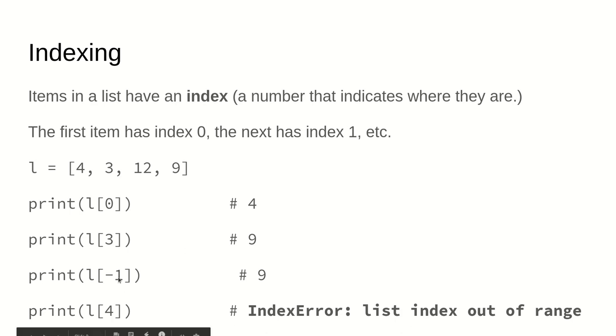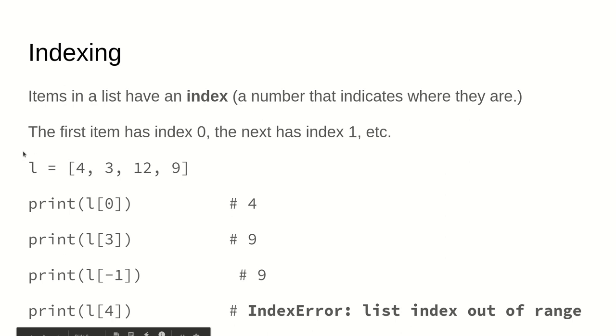If you try to get something at an index that is not valid for your list, for example, here the valid indices are 0, 1, 2, and 3. There is nothing at index 4 right now. And so if I tried to get the item at index 4, Python will give me errors, specifically index errors, and tell me that my list index is out of range.